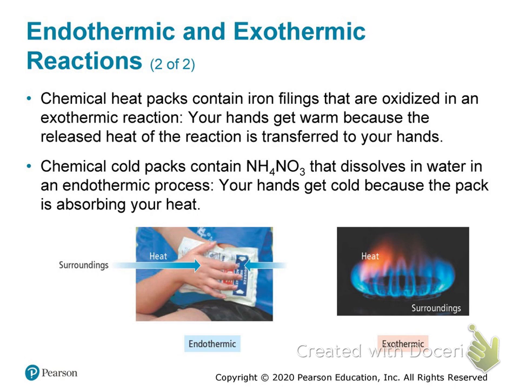These two are examples associated with the two processes, exo and endo. I don't like the word reactions here. I prefer the word processes because processes is more generic. Processes, I can talk about physical or chemical. And so on the first bullet, we have chemical heat packs containing iron filings, and the iron filings are oxidized.